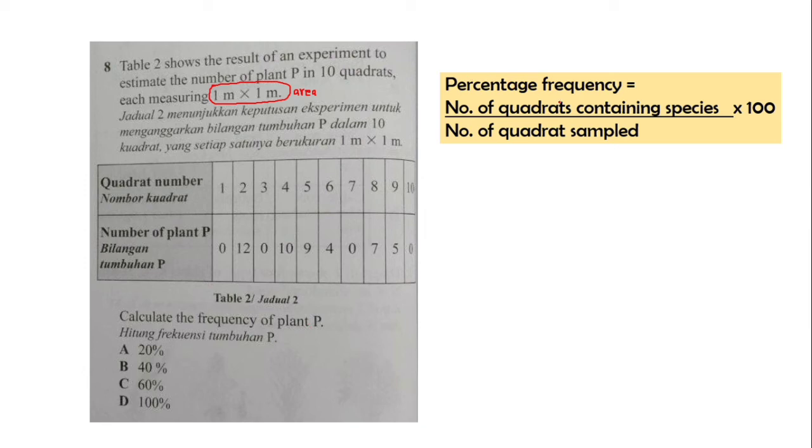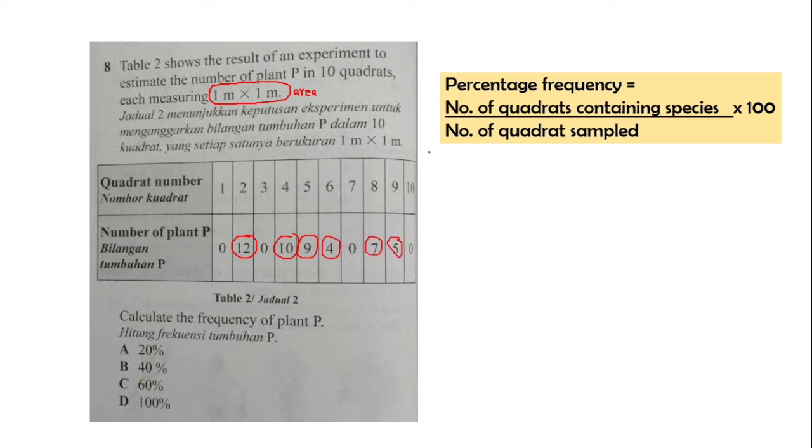Okay, so percentage frequency is the number of quadrats containing species divided by the total number of quadrat samples times 100. So we identify the quadrats that contain the species: quadrat 2, quadrat 4, quadrat 5, quadrat 6, quadrat 8, and quadrat 9.